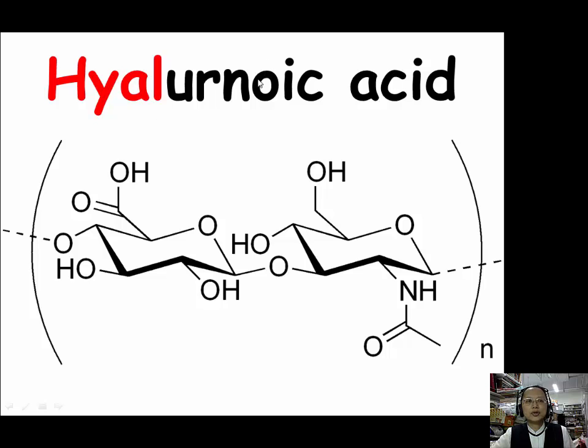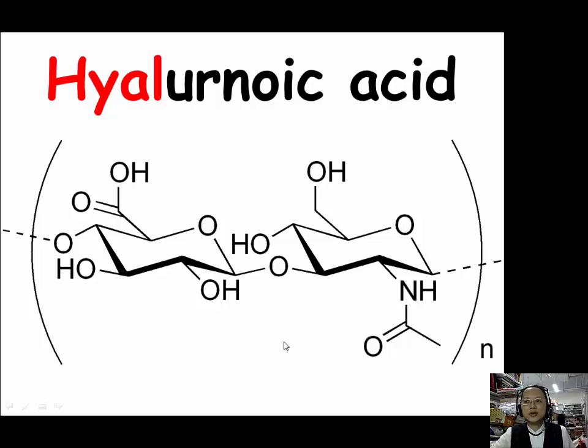Another example which we often encounter in cosmetics or also in medicine, this compound is also used frequently. Hyaluronic acid. Hyaluronic acid is an anionic, non-sulfated glycosaminoglycan. See, there's no sulfate in the structure.